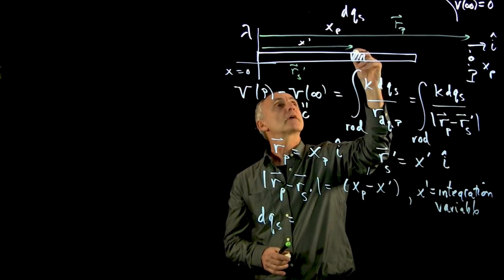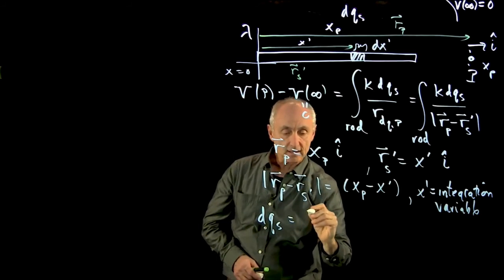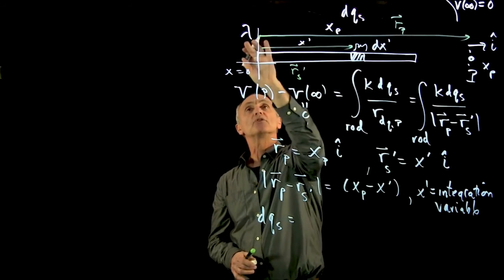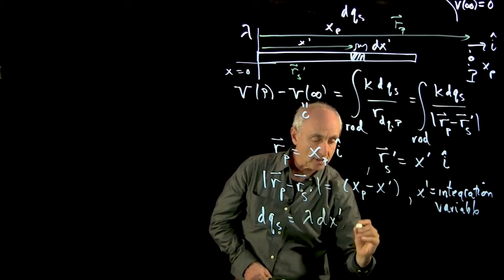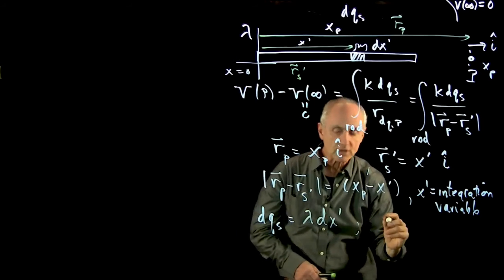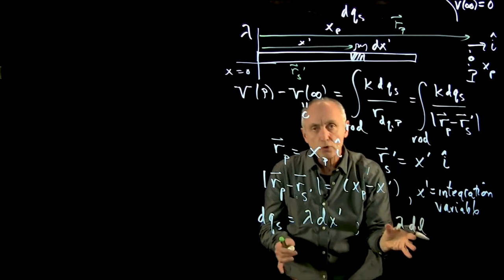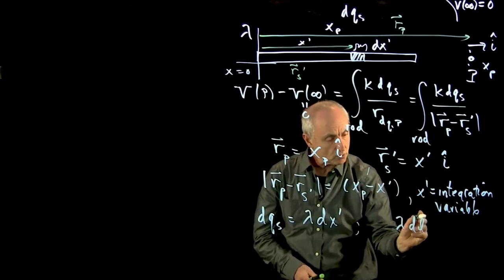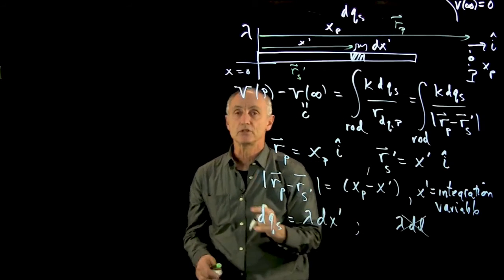What I can do is call this distance dx prime, and then the amount of charge on this small element is the charge density lambda times dx prime. Sometimes people will write this as lambda dl, and that's true abstractly, but it isn't relating to our integration variable. So we don't want to do that. We want to write our dq in terms of the integration variable.